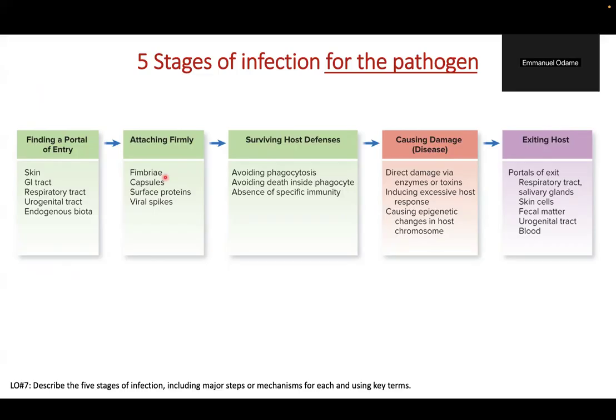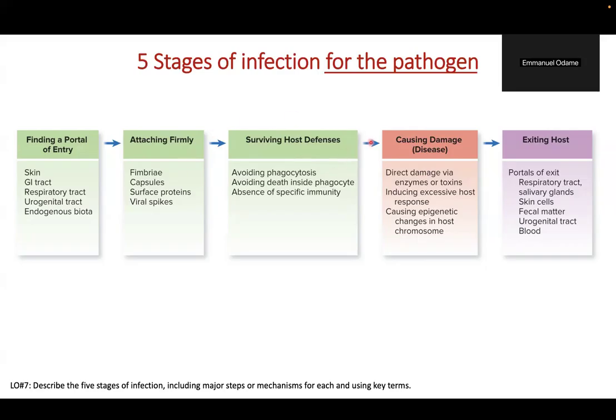It's going to do this using the fimbriae of the microbe or viral spikes or surface proteins. And then once it's established and attaches firmly, it has to try and evade your host defenses, because in the last few classes we talked about your host defenses attacking the microbes or the pathogens when they get into your body.